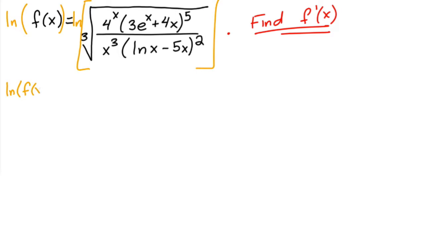So the left side is just going to be natural log of f of x, and this is going to equal to, now this cube root, remember, that's the same as the whole thing raised to the 1/3. So I changed that to the 1/3 because it makes it easier.